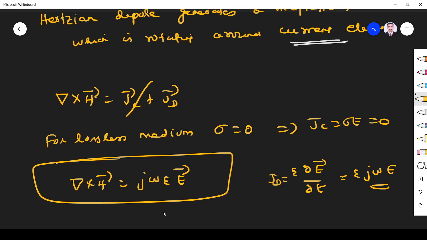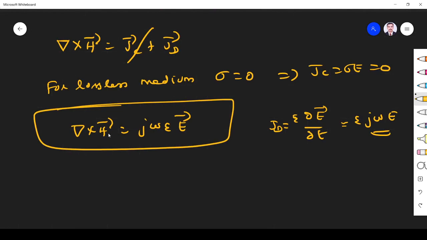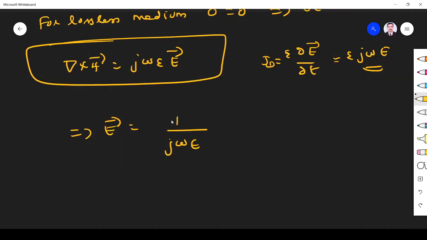Okay, so del cross H, we know the H value; from that we have to find the E value. How can we find it? This implies E is equal to 1 by j omega epsilon del cross H. This is the spherical coordinate system.